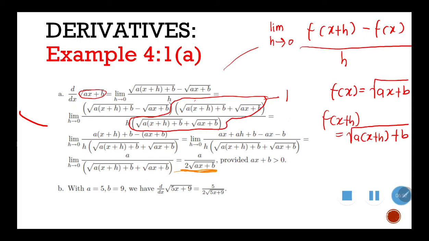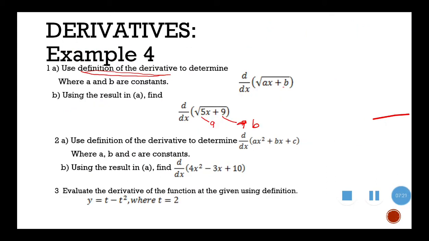We just substitute the value of a, which is 5, and the answer is 5 over 2 square root of 5x plus 9. That's all, class.